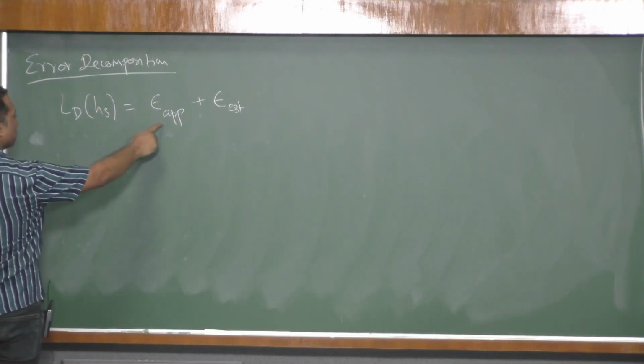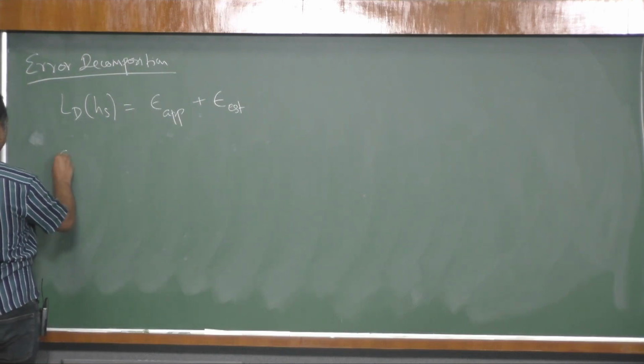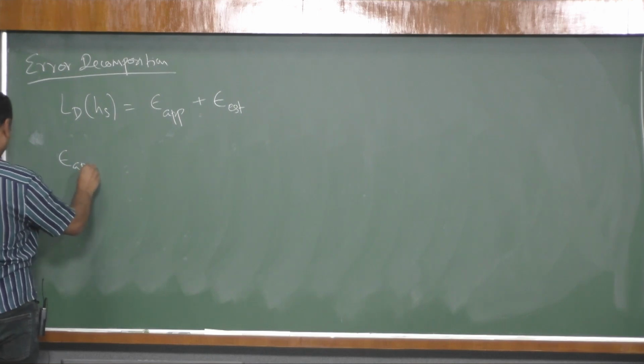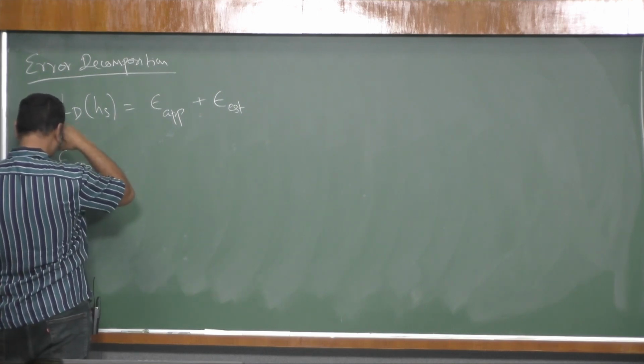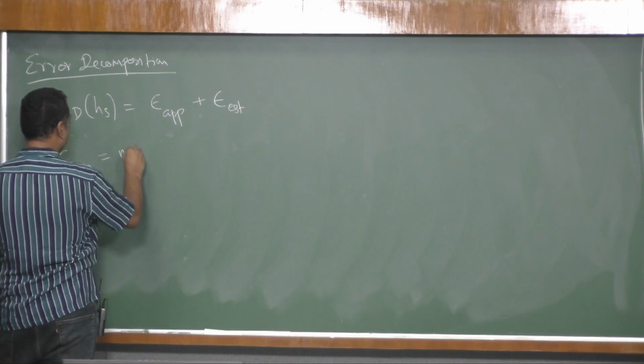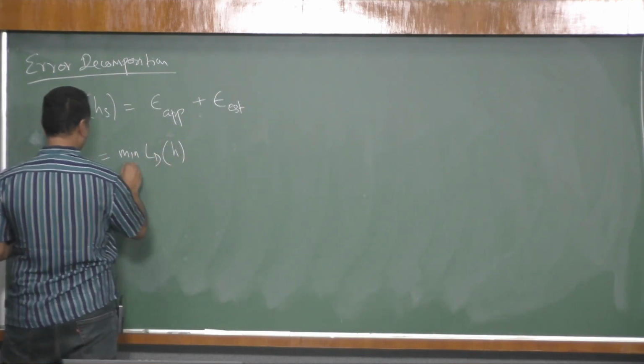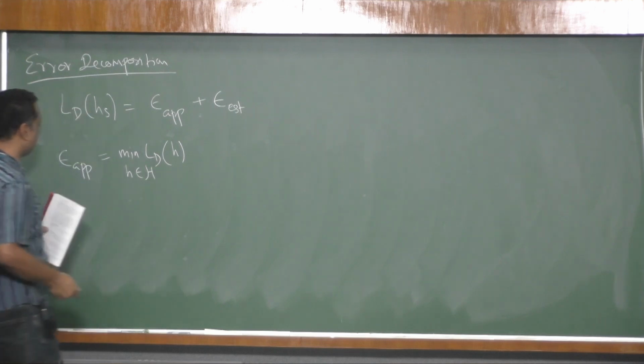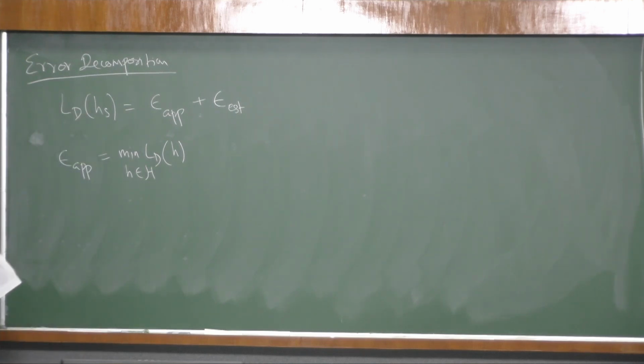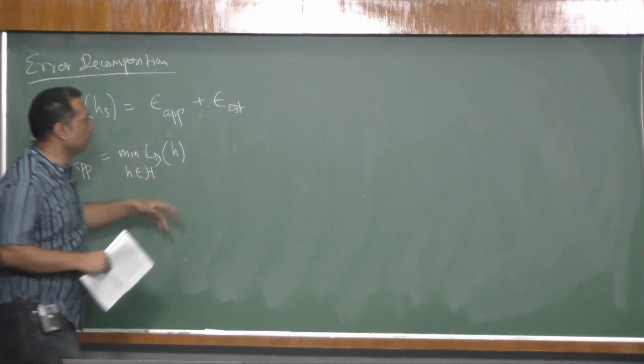So usually I choose some hypothesis. In this case, epsilon APP is the minimum of L_D(h) over h in H. A machine learning problem involves two steps, right?